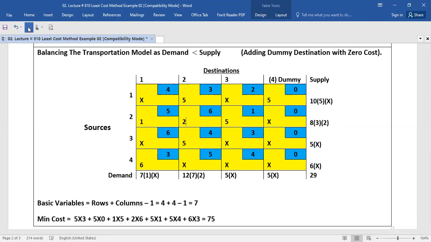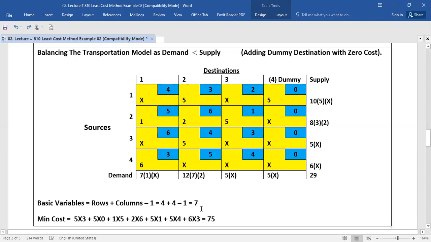Our table is completed now. You see here how many allocations are there: 1, 2, 3, 4, 5, 6 and 7. Yes, we have 7 allocations altogether.